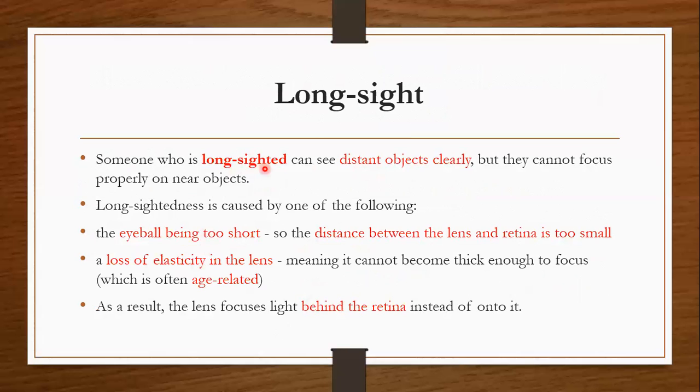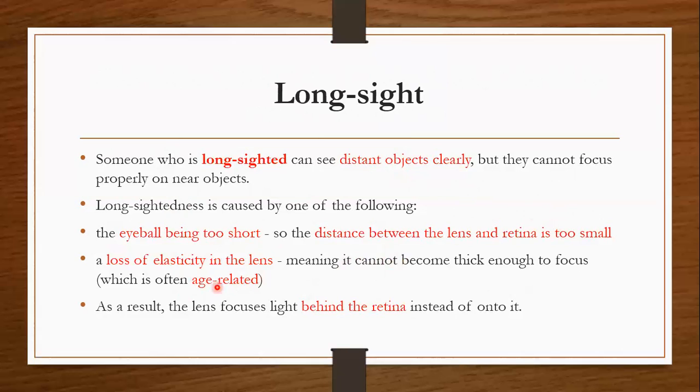People with long sight can see the distant objects clearly, the far objects clearly, but they cannot focus properly on near objects. Maybe the eyeball is too short and the distance between the lens and retina is too small. There may be a loss of elasticity in the lens, so it is not thick enough to focus. This may be age related.